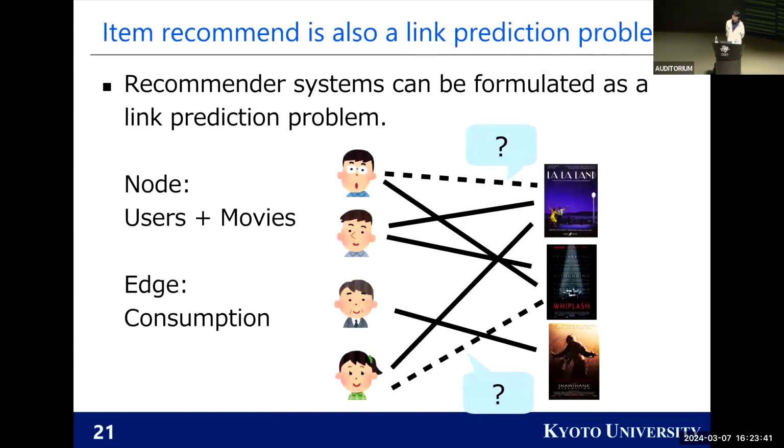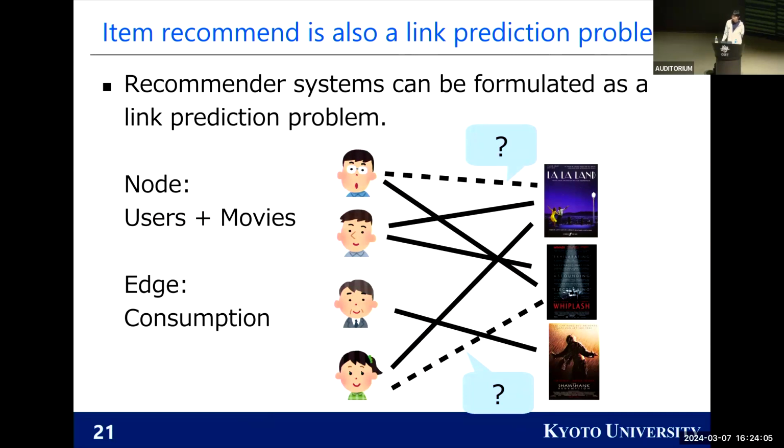And standard recommender systems like item recommendation can also be formulated as link prediction, where we have a graph with users and movies as nodes, and consumption or buying history information is encoded as links. And we want to estimate the existence of edges in this graph.